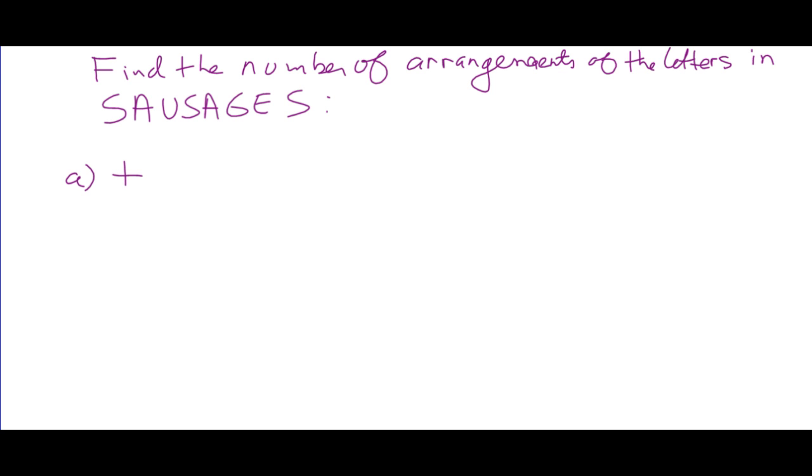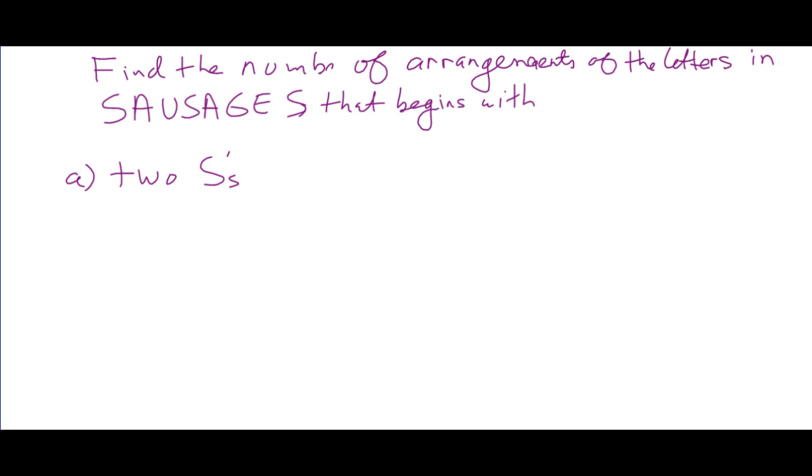So first scenario begins with two S's, right? Or the number of arrangements of the letters in sausages that begins with two S's. Okay, so do you think that it could begin with 3 S's? Is there anything that says it can't? No?